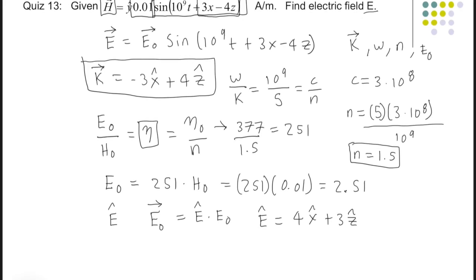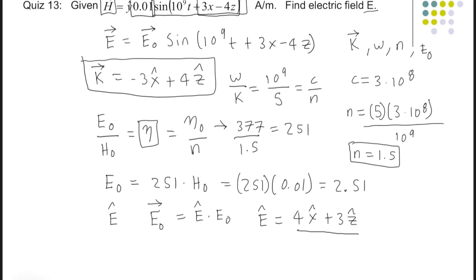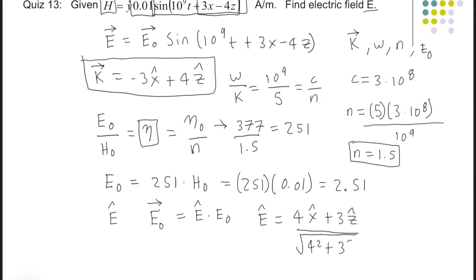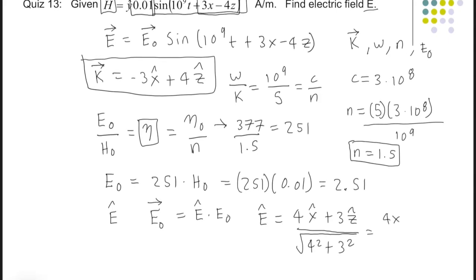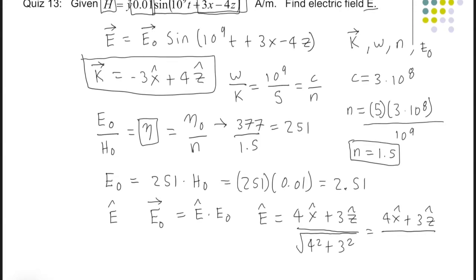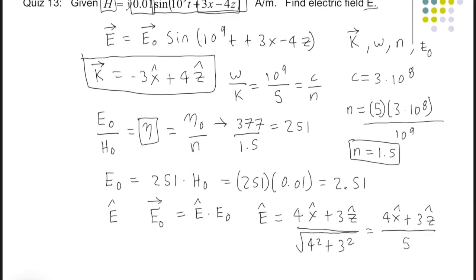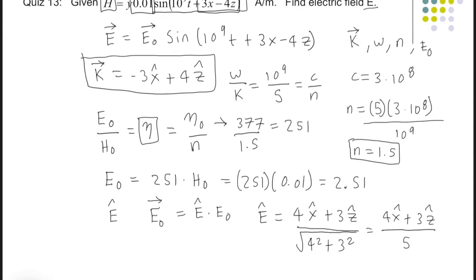Now for the bottom portion, we divide that by the square root of 4 squared plus 3 squared, and that gives us 4x hat plus 3z hat over 5. All right, so now that we have our E hat and our E naught, we can put those into our equation.